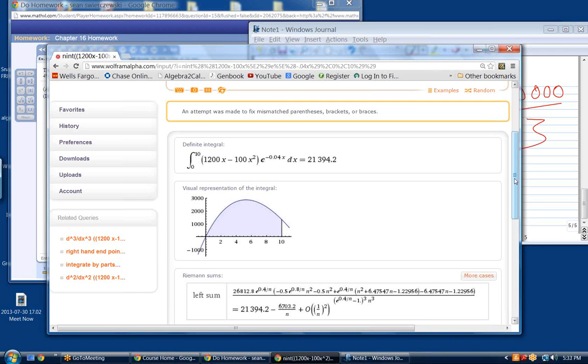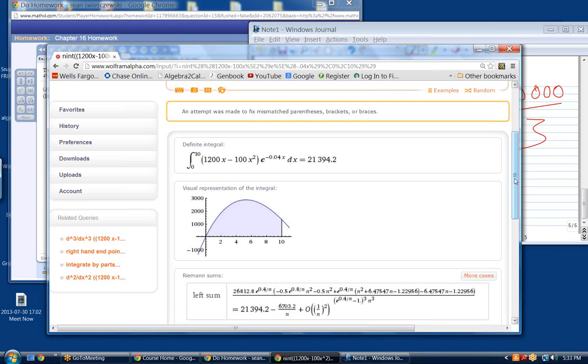Should I plug that in at t? Hold on a second. Let me show you how to do it. If you push math on your calculator, go to the bottom, you should find NINT. Hit that.